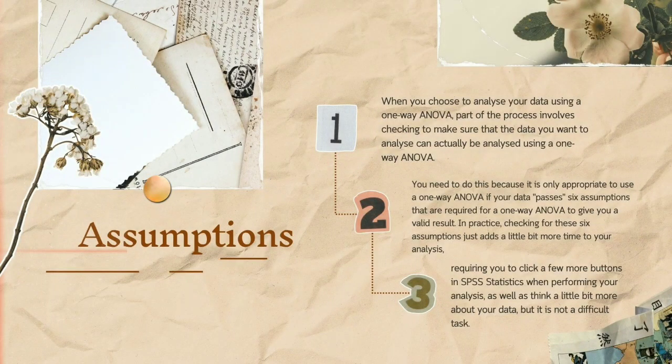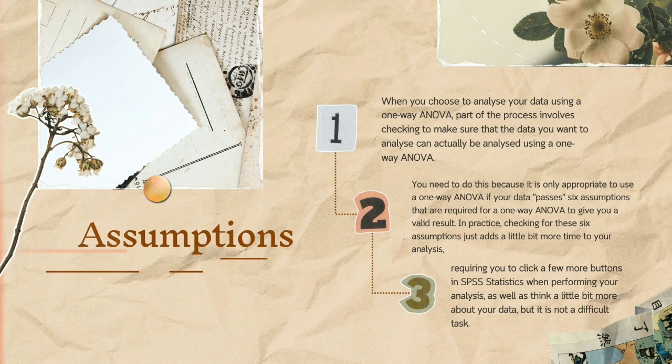And next, assumptions. First part, when you choose to analyze your data using a one-way ANOVA, part of the process involves checking to make sure that the data you want to analyze can actually be analyzed using a one-way ANOVA. Second part, you need to do this because it is only appropriate to use a one-way ANOVA if your data possesses 6 assumptions that are required for a one-way ANOVA to give you a valid result.